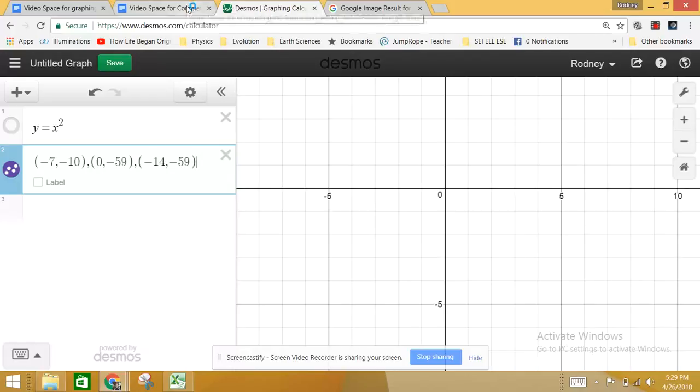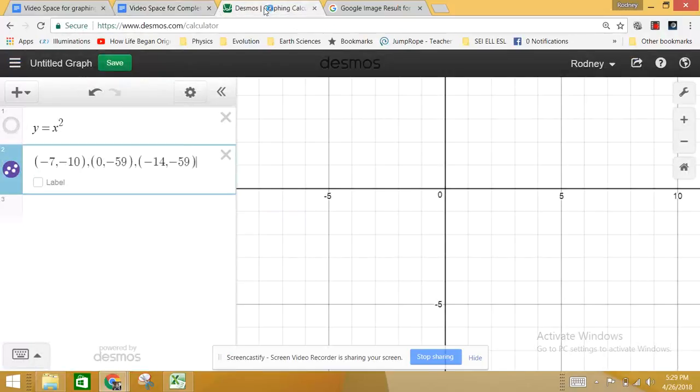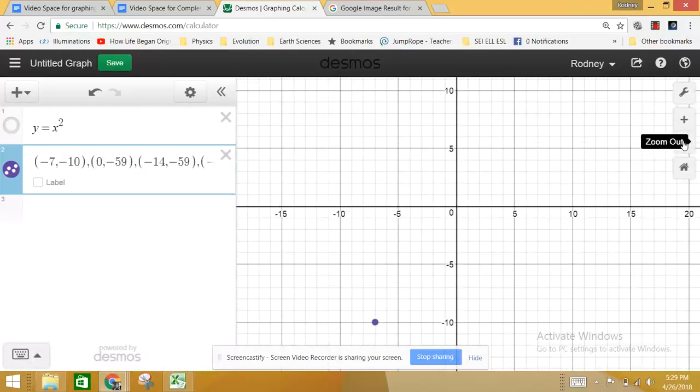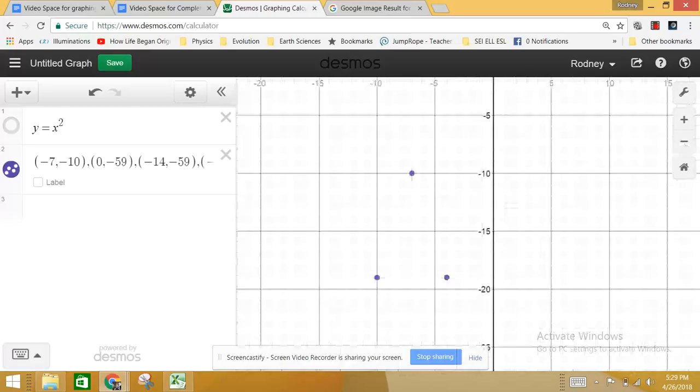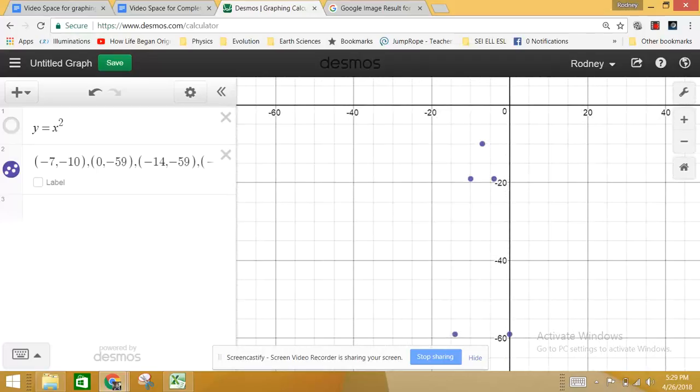And then I'm going to remind myself what my other 2 points were, negative 4, negative 19, and negative 10, negative 19. And let's zoom out so you can see these points. You'll see something interesting about this parabola. This parabola is pointing downwards.